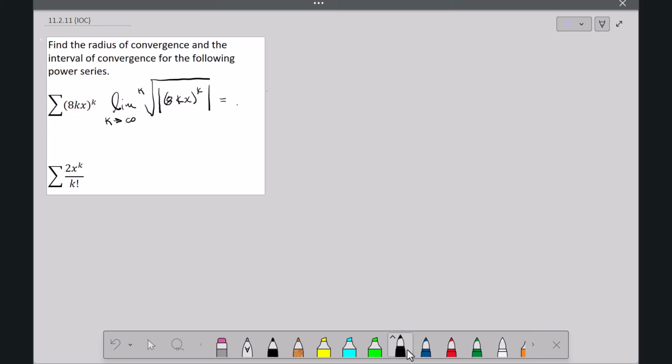So what that means is that we can change this around a little bit. We can manipulate that absolute value symbol and move it so that it's only on the x, because that's the only part that could be negative. And so we'll have the kth root of all of that. The kth root will eliminate that kth power, and we'll be taking the limit of 8k absolute x as k goes to infinity.